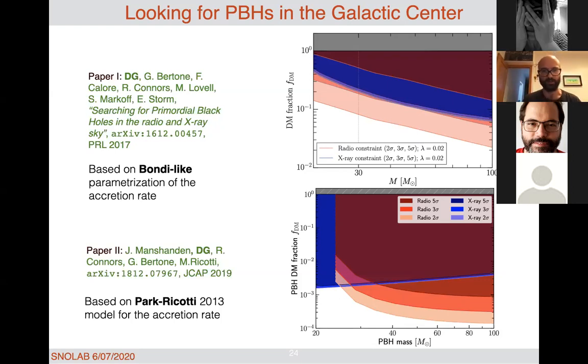And in particular, in the second case, we got a very strong upper limit on the abundance of primordial black holes. So we concluded that in this mass range, the primordial black holes could amount to possibly only a small fraction of the dark matter in the universe, like 1 per mil or less. So this is quite a relevant result, given that there was a debate in the literature about this.